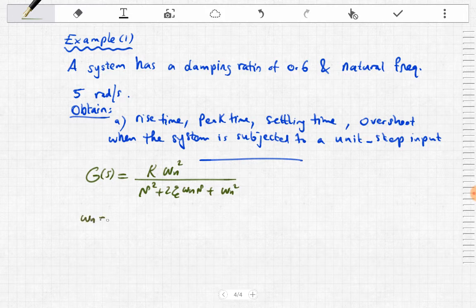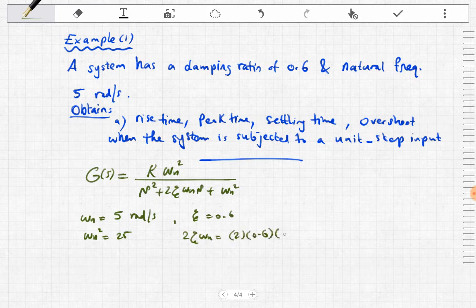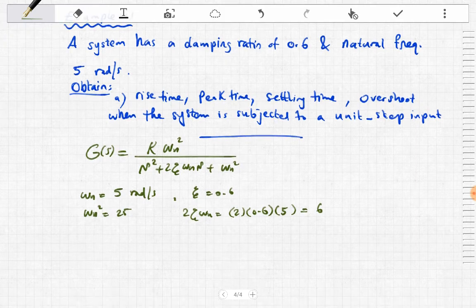You told me 5 radian per second. And your eta is 0.6. So from omega n you can get omega n squared equal to 25. And for this part, 2 eta omega n is equal to 2 times 0.6 times 5. That will be equal to 6. And K is equal to 1.